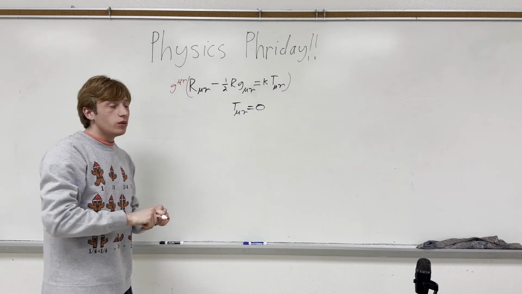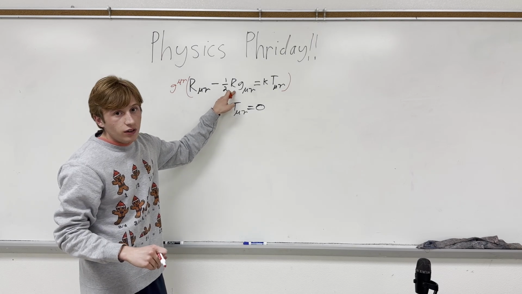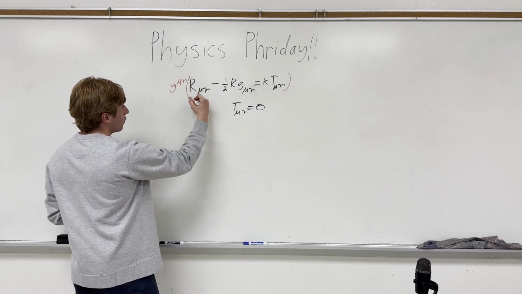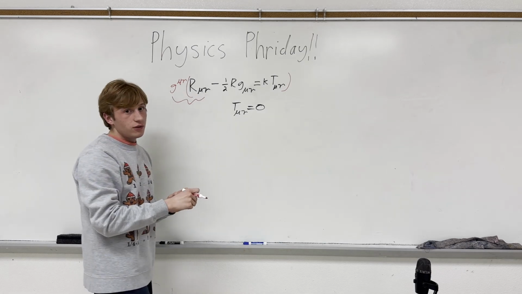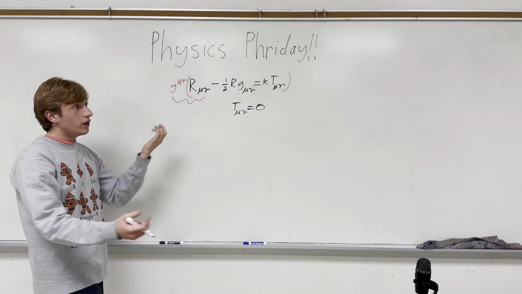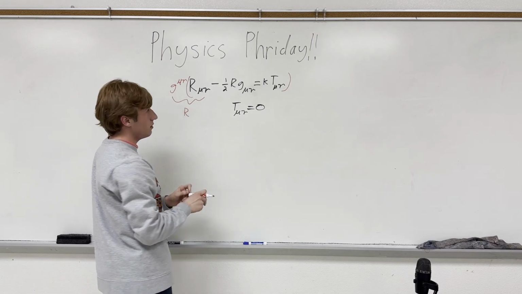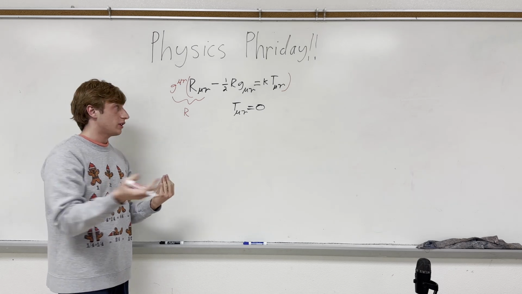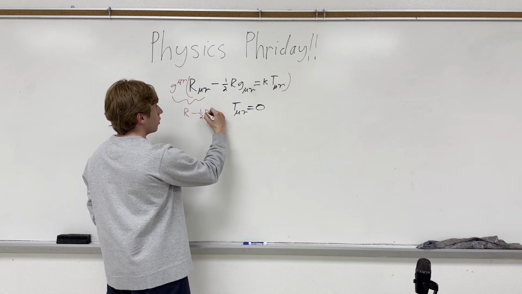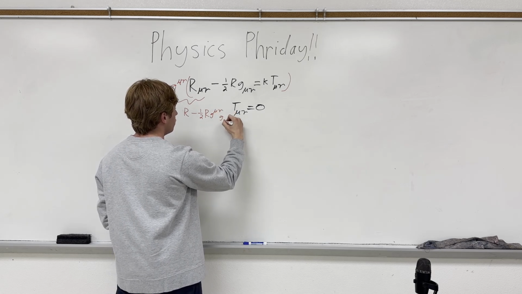This is going to allow us to effectively take the trace and do some things with it. With this first term, we have g mu nu times our Ricci tensor, and we know it is literally just going to be capital R, our Riemann curvature scalar. And then we're going to have minus 1/2 R, and then g mu nu, g mu nu.